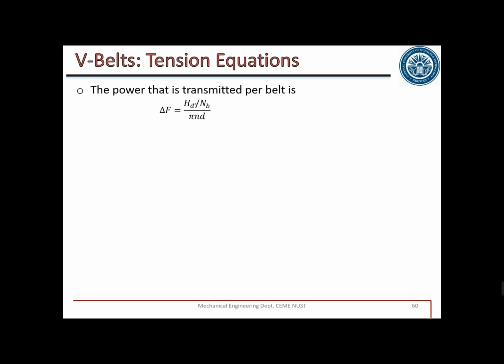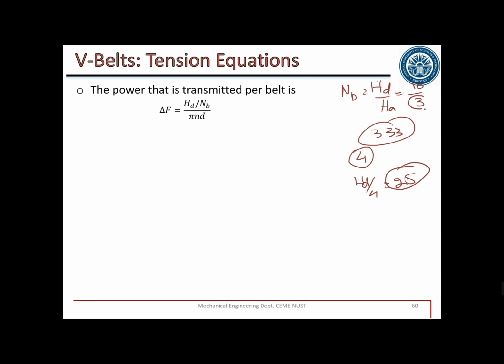Here we have not used HA, as we know that NB is equal to HD by HA, but we have not used HA. Why? Because if, let's say, HD is 10 and HA is 3, in that case NB is equal to 3.33. But as we have used 4 belts, HD 10 divided by 4 gives us 2.5, which means that each single belt is not supporting 3 kilowatt of power.